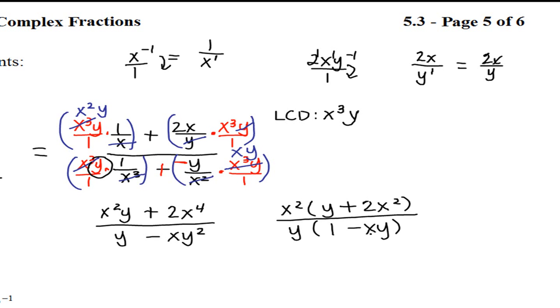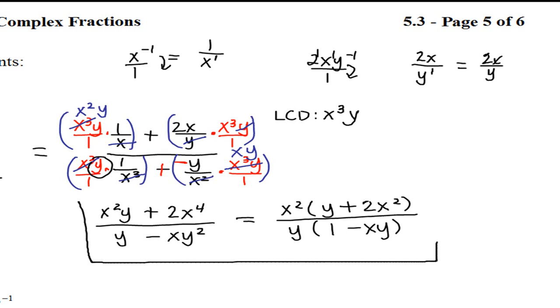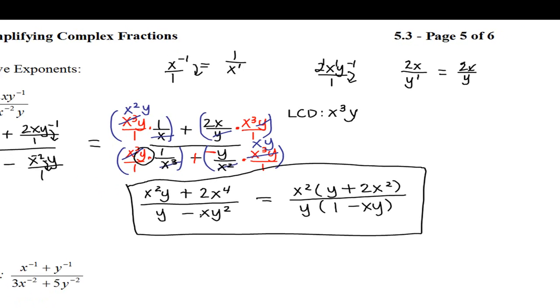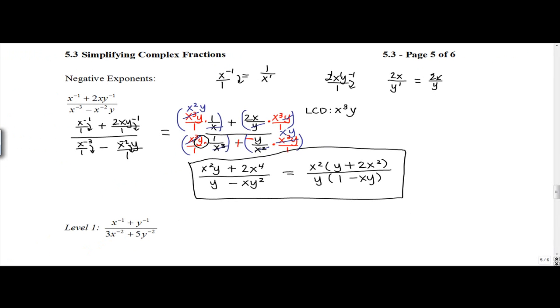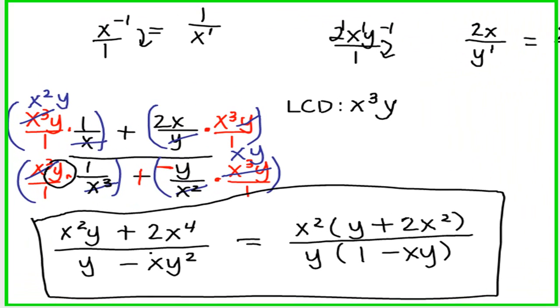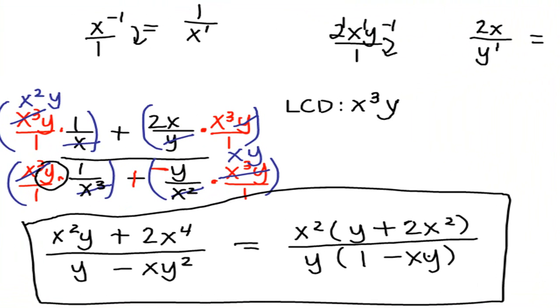Now my two factors here don't match, and the things I factored here don't match. There's nothing I can reduce, so you could leave it in either form, but this is your answer right here. And I'm not able to do anything more with that in terms of reducing. So you could leave it in this form multiplied out, or in this form where it's factored out.